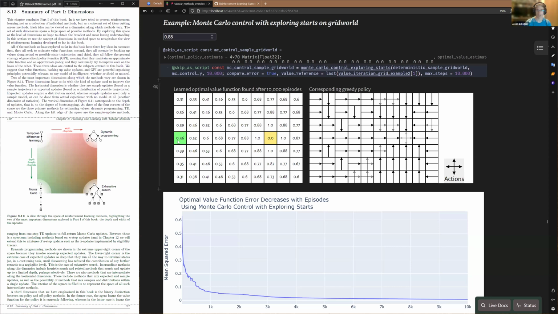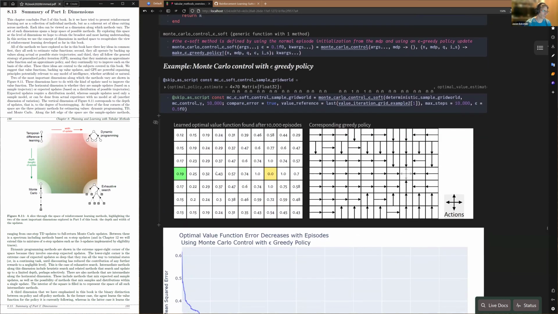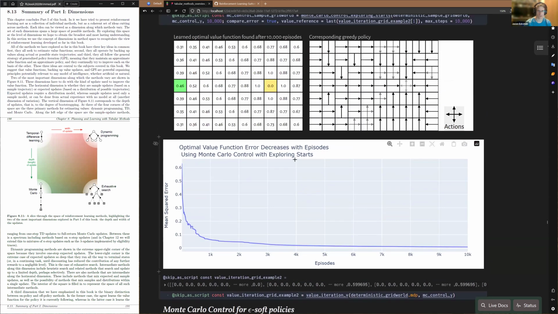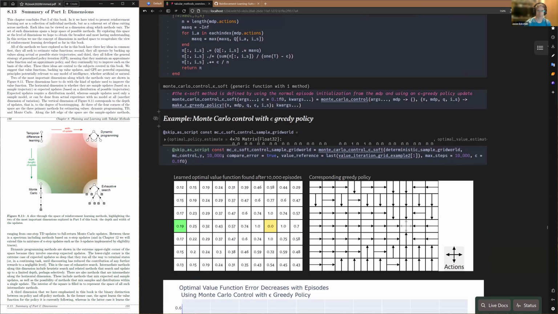Because this is computing it for the greedy policy, and this is computing it for a policy where some random actions are taken. So neither method is completely perfect. This may be really inefficient because we're just starting in random spots, and this one, we're constrained by this epsilon value. I can also lower this to a much smaller value, like 0.01.